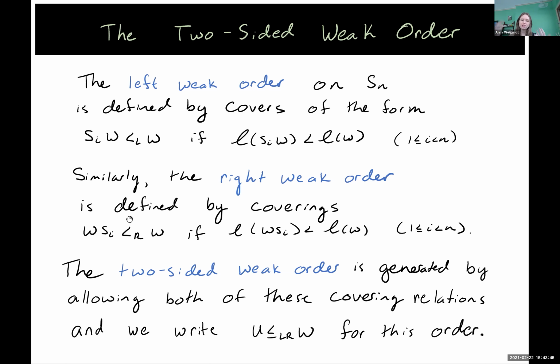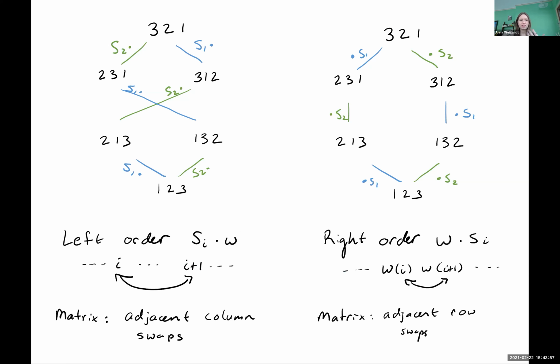For the two-sided weak order, we take both of these types of covering relations and take the closure of the order that this gives us. In this slide, for S3, you can compare and contrast the left order on S3 with the right order on S3. Somehow a lot of this project wound up being us keeping track mentally of whether we were using the left order or the right order.